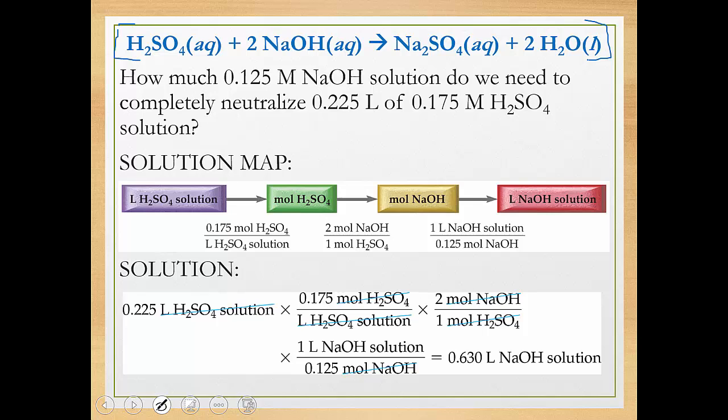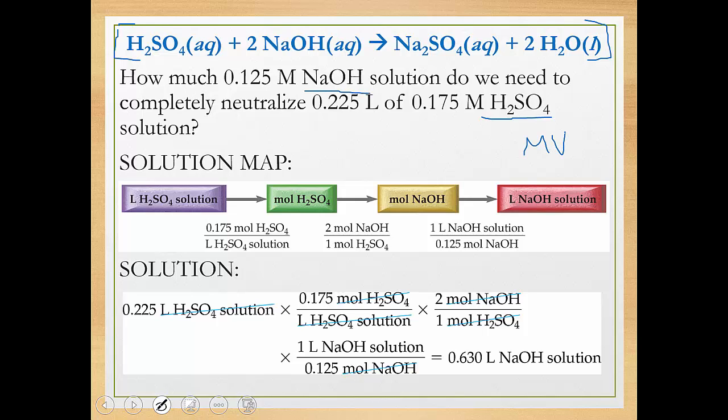As soon as I see a balanced equation, it immediately tells me this is not a dilution, because I have more than one chemical component that I'm trying to relate. If I have 0.125 molar sodium hydroxide solution, how much of that do I need to neutralize 0.225 liters of 0.175 molar sulfuric acid? So I'm relating sodium hydroxide to sulfuric acid.